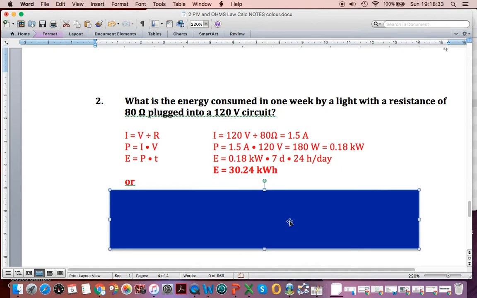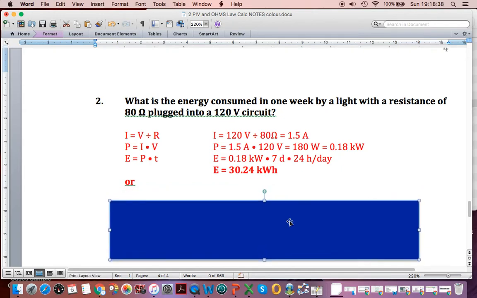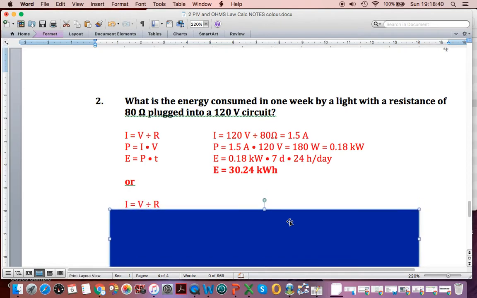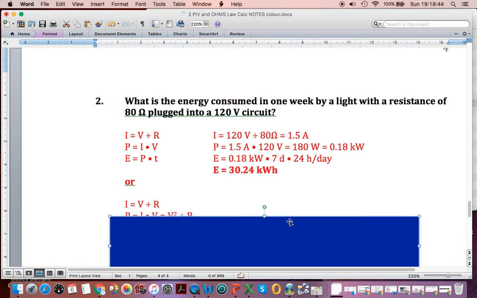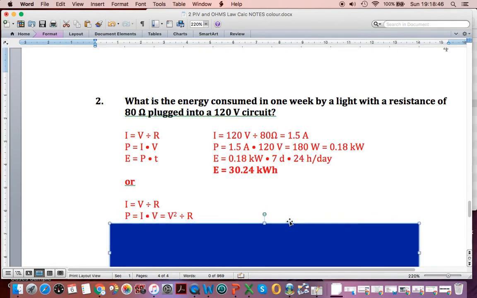Another way, if this thing will move, is somewhere here. I equals V divided by R, so that hasn't changed. And P equals I times V. Well, what do we see? We have a V divided by R that we can substitute in there, and we have a V there.